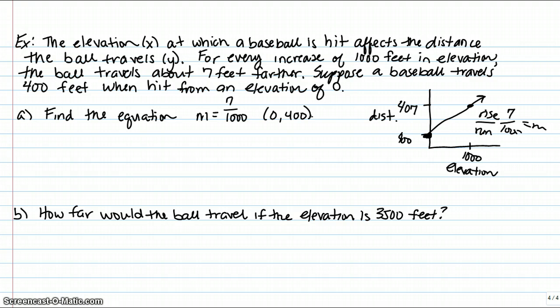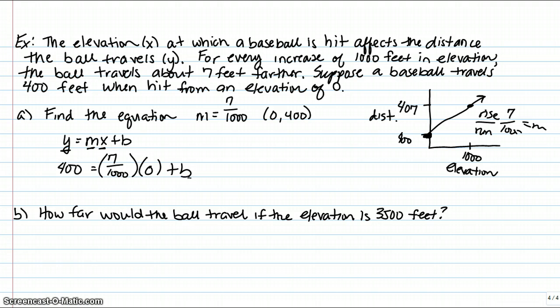So now we're going to do the same thing we did before. We're going to start with y equals mx plus b. We're going to find b, but we're going to plug in the y, the m, and the x. So the y is 400, and the m is 7 over 1,000, times the x, which was 0, plus b.